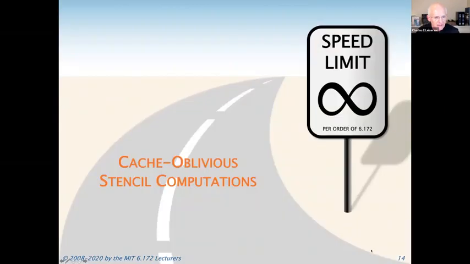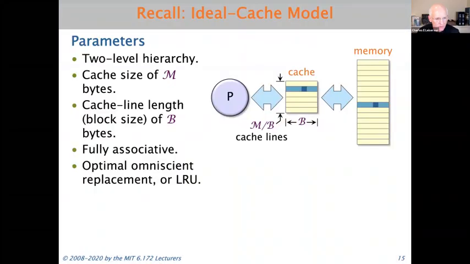So now I want to analyze this from the point of view of cache misses. The code is order NT. It's just a doubly nested loop. In order to do the cache-oblivious analysis, we're going to go back to the ideal cache model that you were introduced to last time.